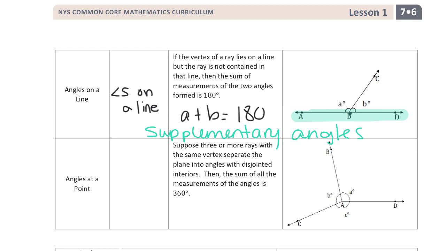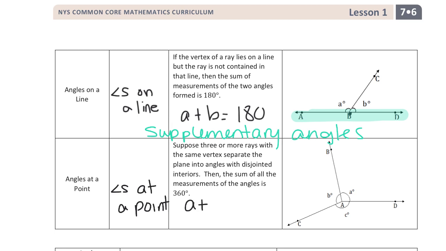Angles at a point. It says, suppose three or more rays with the same vertex separate the plane into angles with disjoint interiors. Then the sum of all the measurements of the angles is 360.